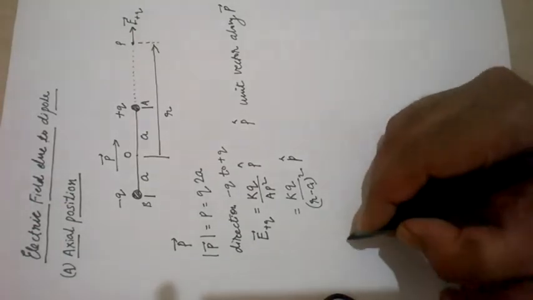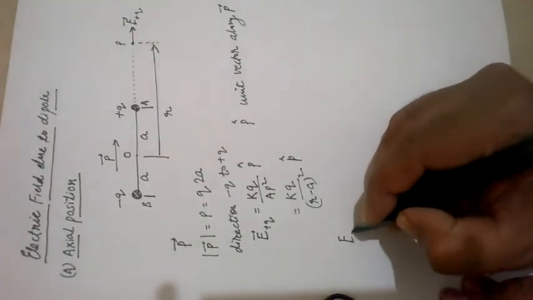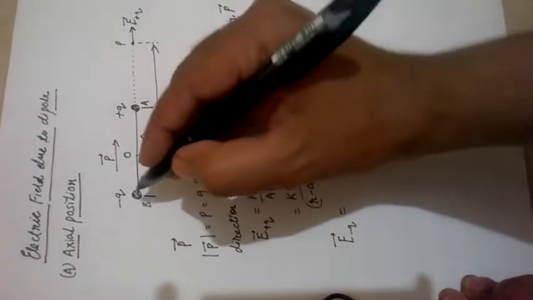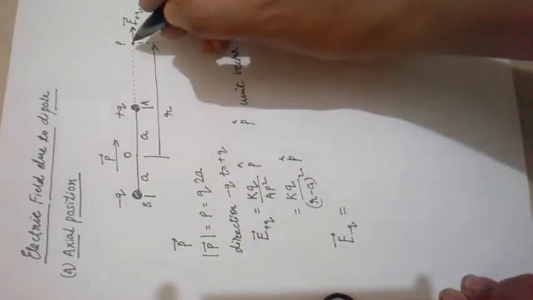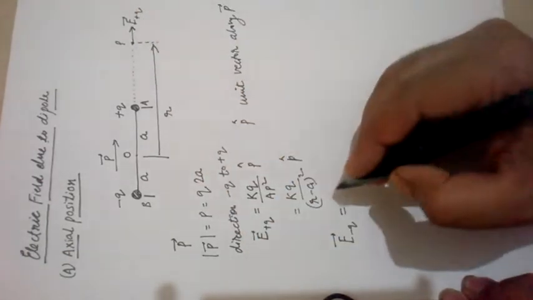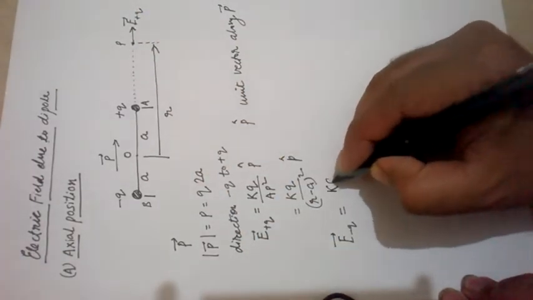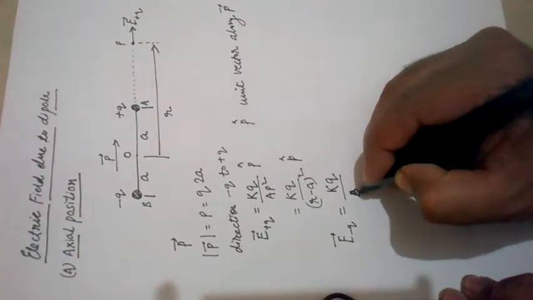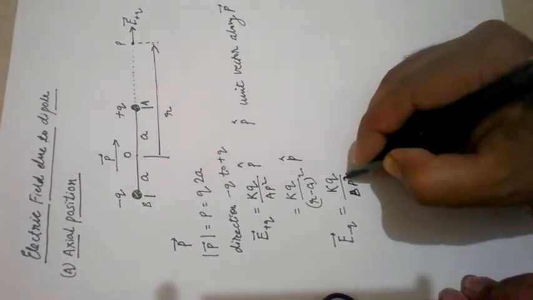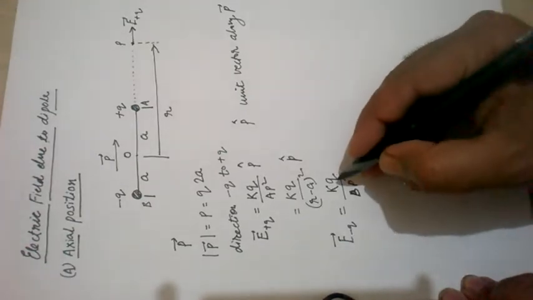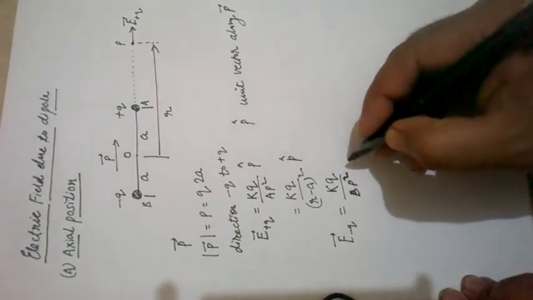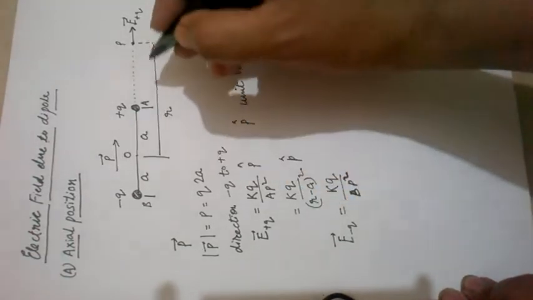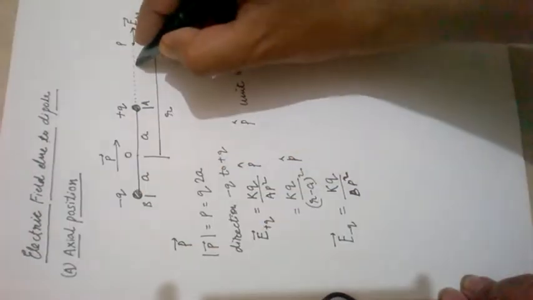Similarly, I will write the electric field due to the negative charge minus q. The distance is BP, so it is k q upon BP squared. I have written plus q because I am writing the magnitude, and the direction is determined separately: the negative charge has an attractive field.